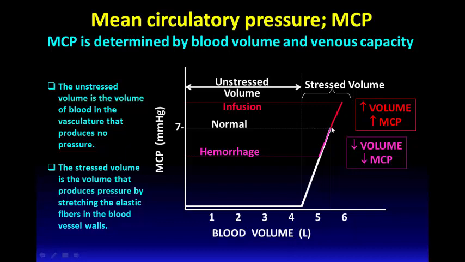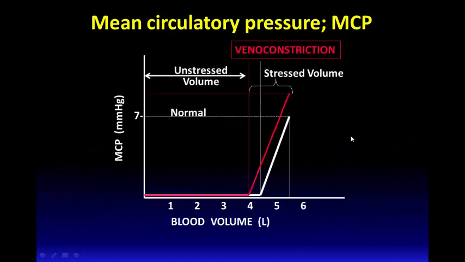This is the normal total blood volume. And with blood transfusion or with the infusion of fluids into the vasculature, the stressed volume increases, and hence the mean circulatory pressure increases.